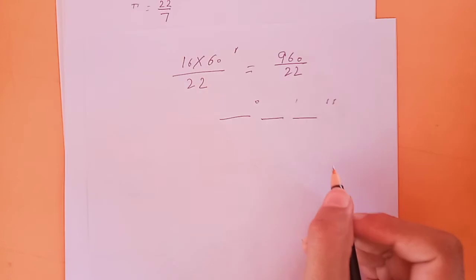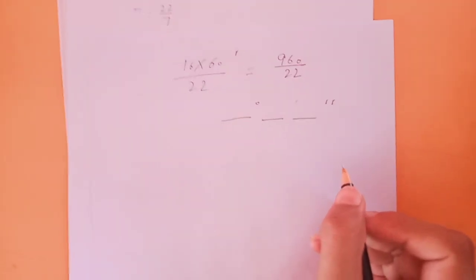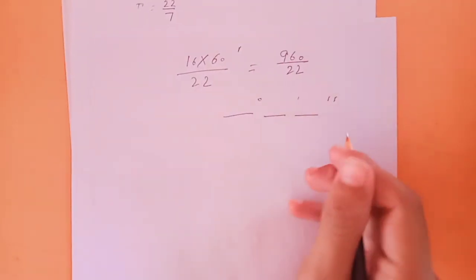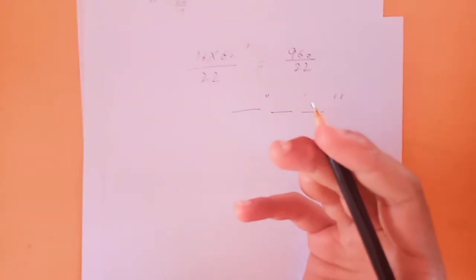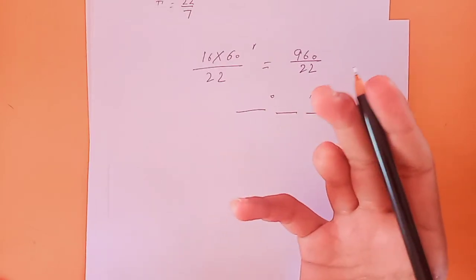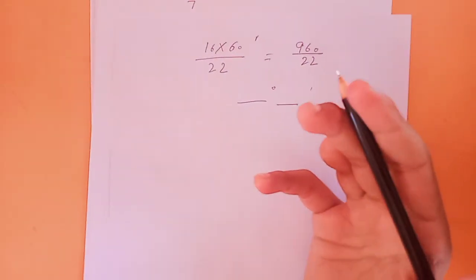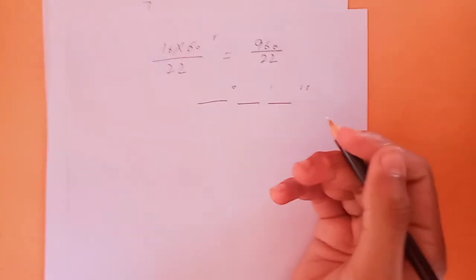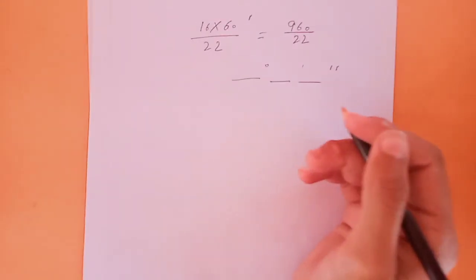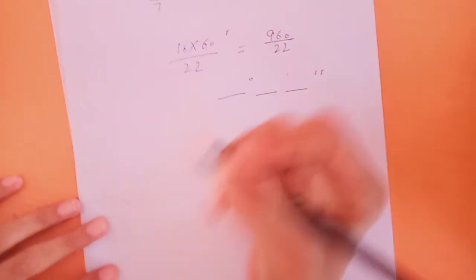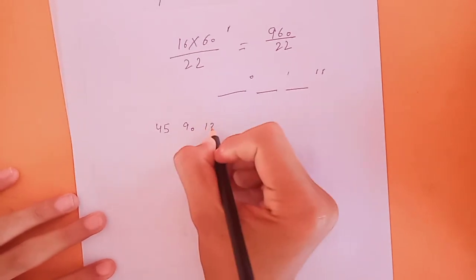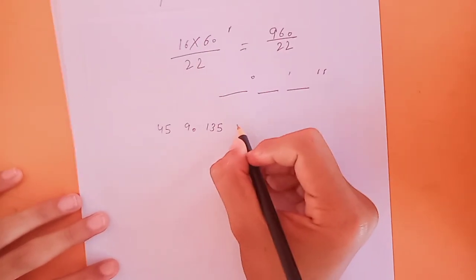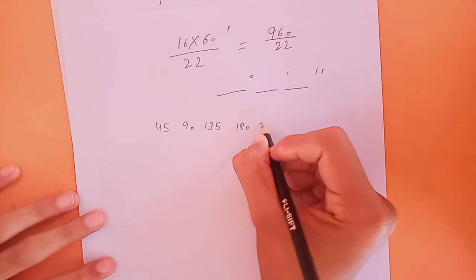I hope you understood. Now, for your knowledge, as required in 11th and 12th class mathematics of trigonometry, you can convert all angles in multiples of 45, that is 45, 90, 135, 180, 225.